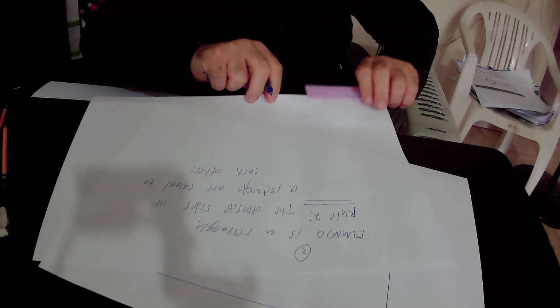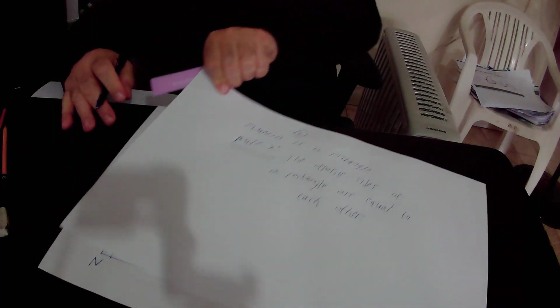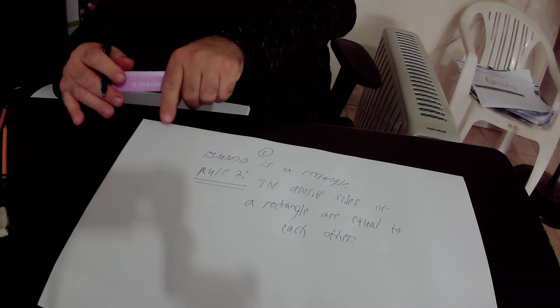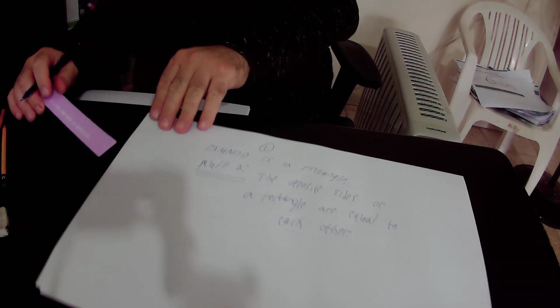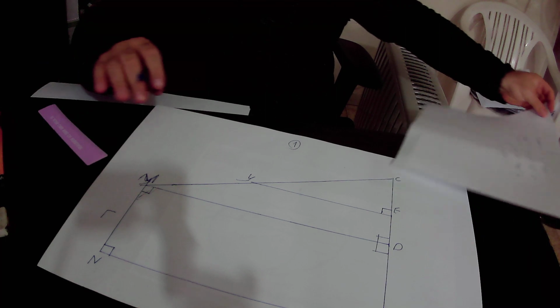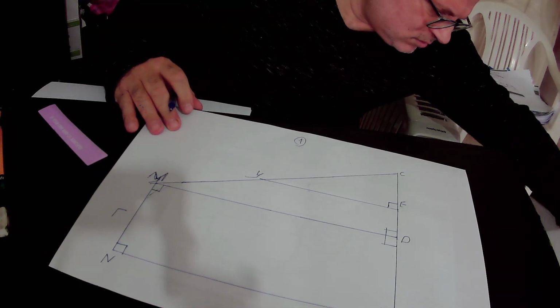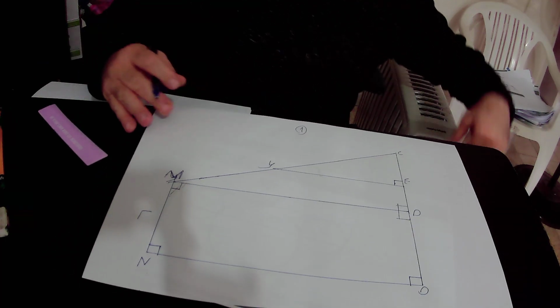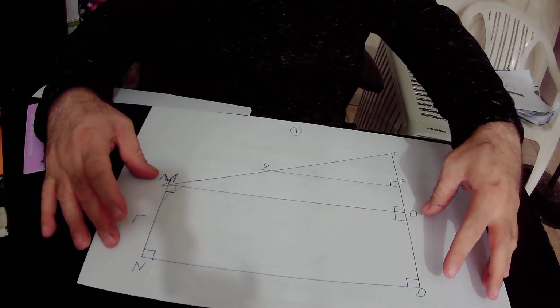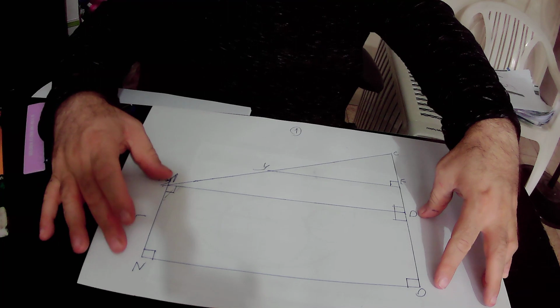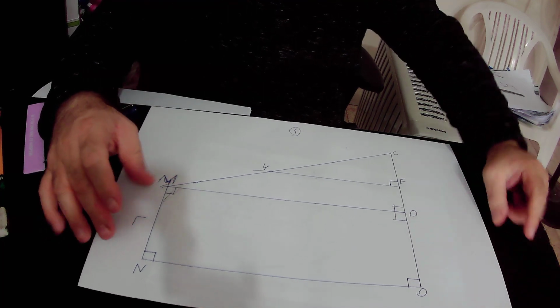I will repeat again. According to rule number 2, the opposite sides of a rectangle are equal to each other. So in this rectangle MNDO, the opposite sides are equal to each other.